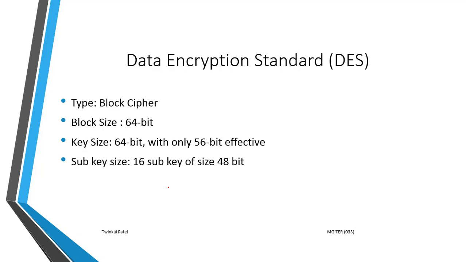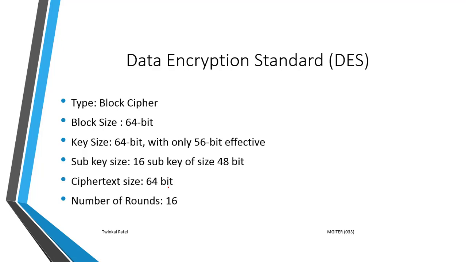The total number of rounds in DES is 16. So we require 16 subkeys, and each subkey size will be 48-bit. Here the plaintext block size is 64-bit, so the ciphertext size will also be 64-bit. And the number of rounds in DES is 16.